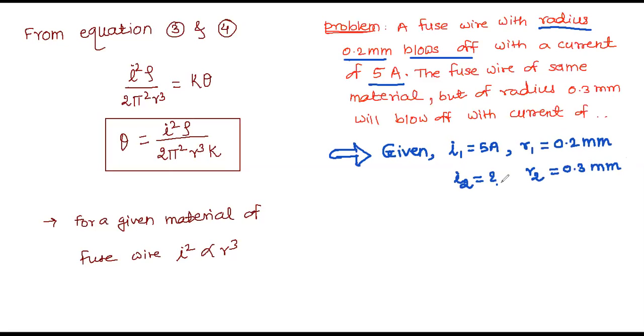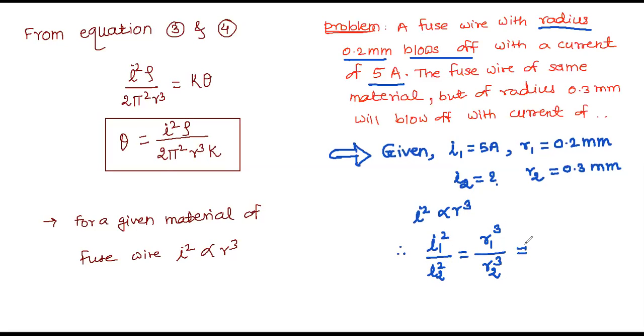Now we have learned that I square is directly proportional to R cube. Therefore, can I write like this? I1 square by I2 square is equal to R1 cube divided by R2 cube.